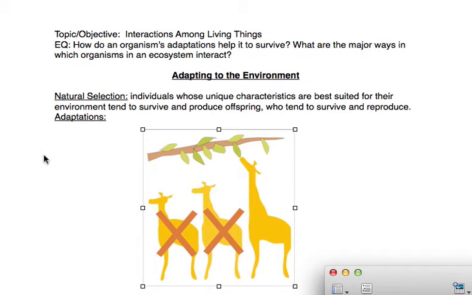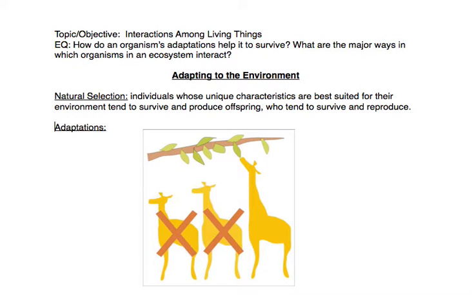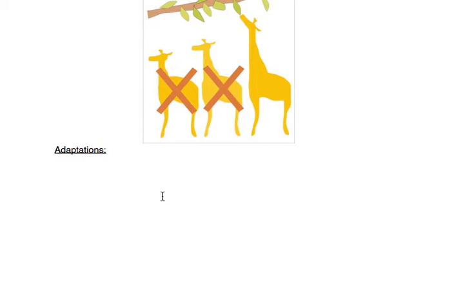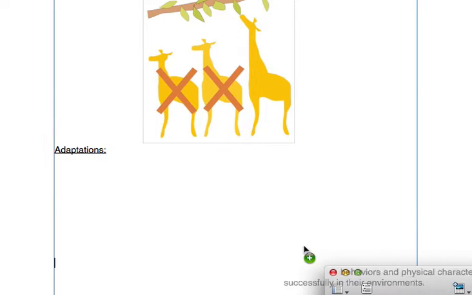The next definition we're going to look at is adaptations. Adaptations are related to natural selection, so you've probably heard of them before. Adaptations are behaviors and physical characteristics that allow organisms to live successfully.